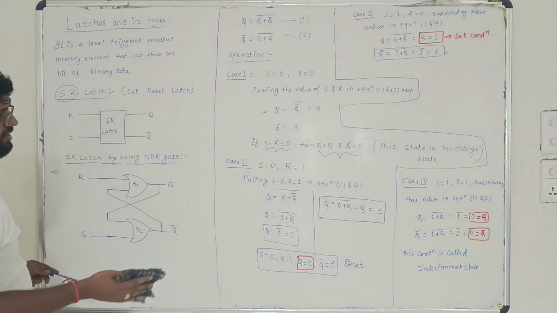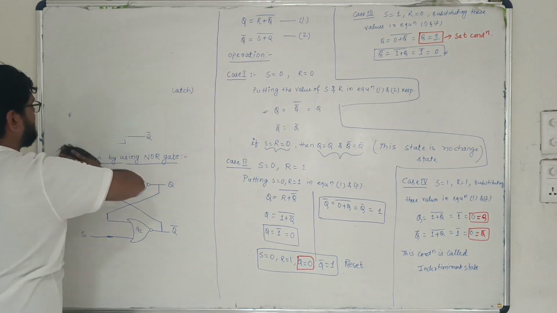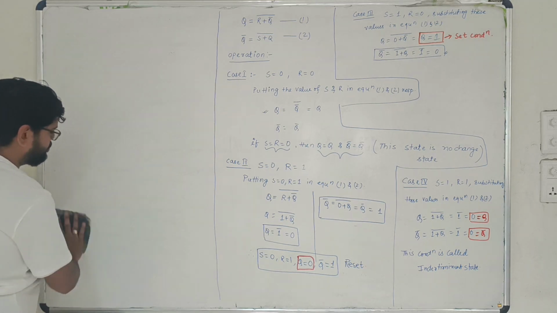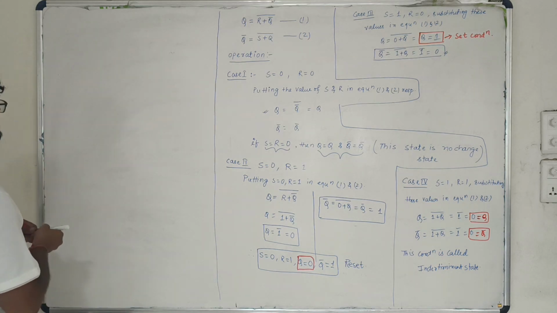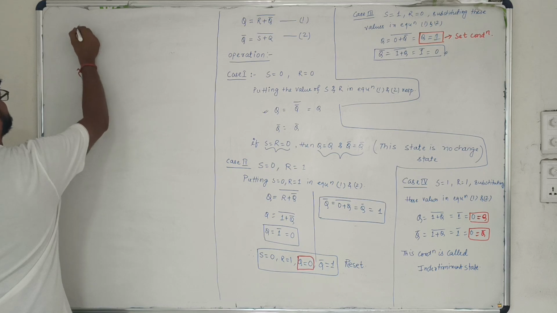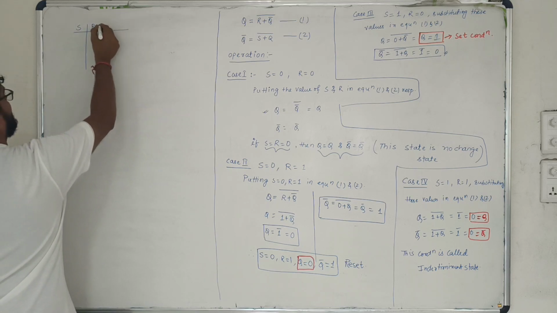Now, depending on whatever operation we have studied, we can design the truth table of SR latch. The truth table will have S, R, these are the 2 inputs, and 2 outputs.